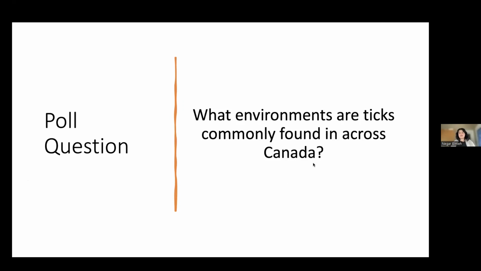Great, and we're seeing the results coming in. So tall grasses, shrubs, leaf litter, forest, beaches, as well as backyard. And ticks can be found in all these locations. In beaches, we tend to find them in the shrubs right next to the beach, but we'll go into this in more depth in a minute.